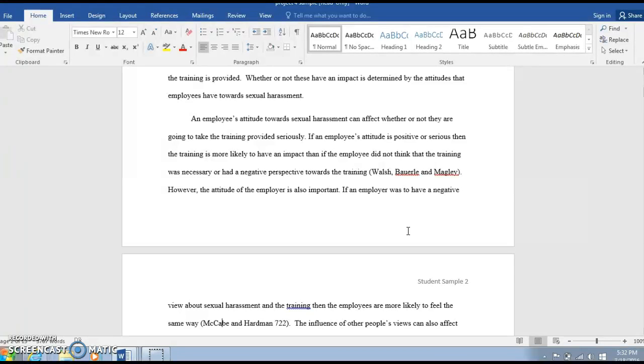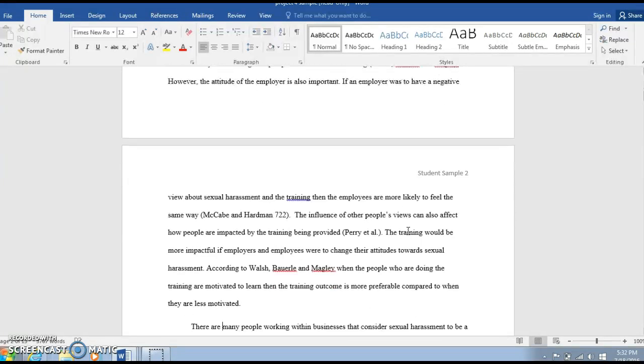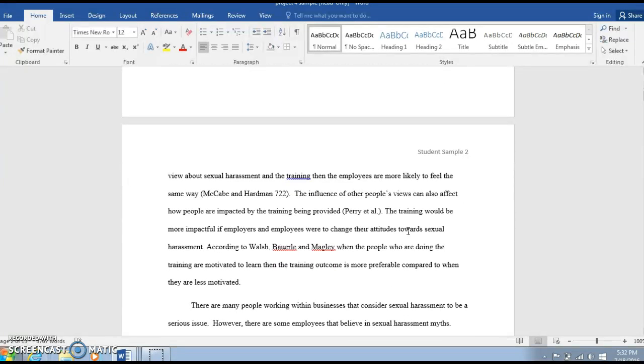And then we move forward and we can see in this next paragraph that what she's doing is establishing that there's a problem. So the problem here is that people don't take sexual harassment training seriously. So the problem is the reasons why people don't take sexual harassment seriously. And you can see that she covers this in several paragraphs.